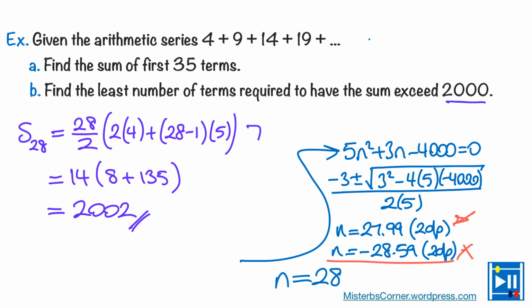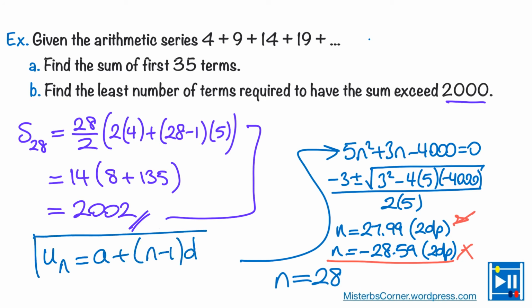So this is how we can check our work. Now, certainly you should remember how you find the nth term. u_n equals the first term plus n minus 1 times d.